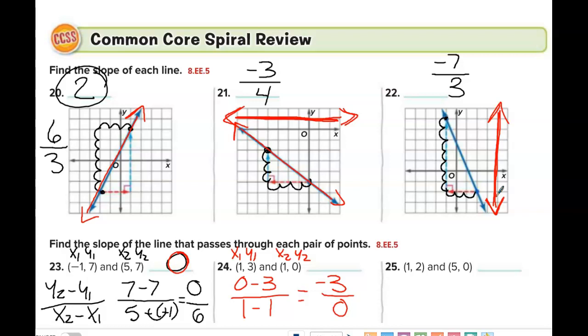You told me that a slope of 0 is just a flat line. So what's the slope of that? Is it going up? No. Is it going down? No. Can you define that slope? Can you tell me what it is? It's undefined.